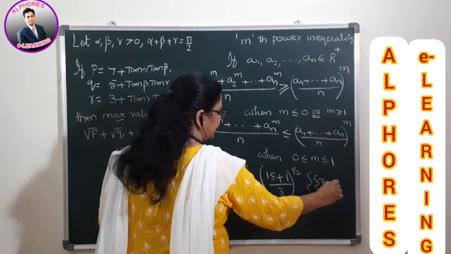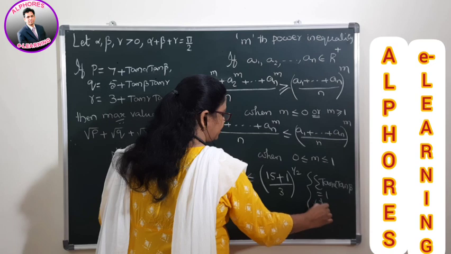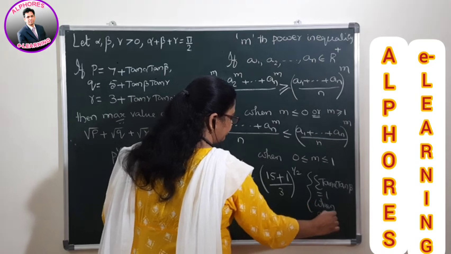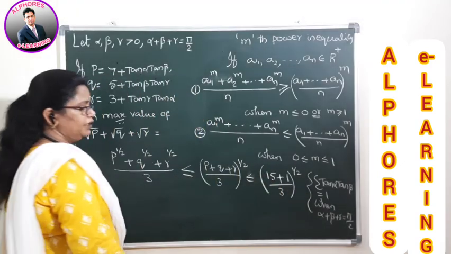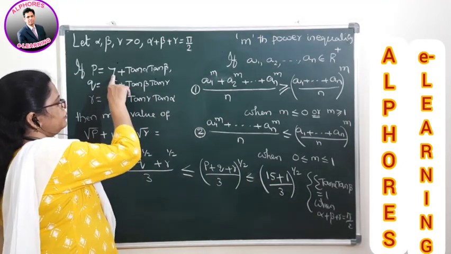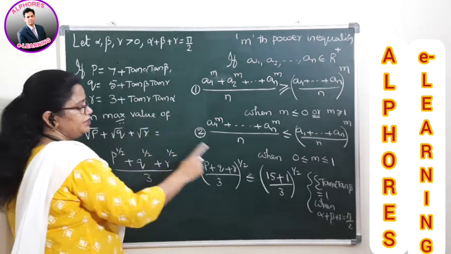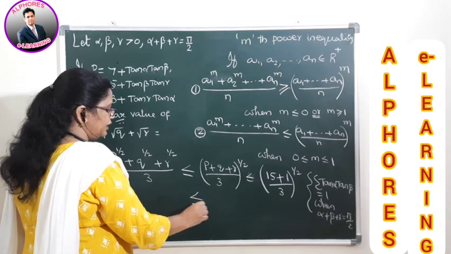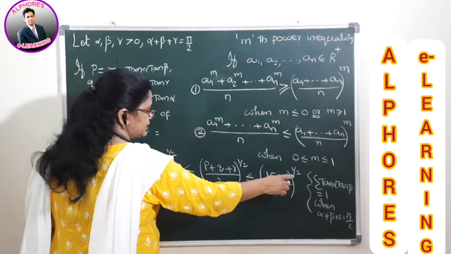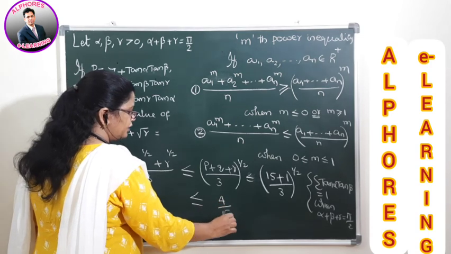Sigma tan alpha tan beta is equal to 1 when alpha plus beta plus gamma is equal to 90 degrees. So this formula we have applied, and thereby we substituted, and this sum is nothing but 1 to the power of 1 by 2. Therefore, what is our value now? It is 16 to the power 1 by 2, which implies it is 4 divided by root 3.